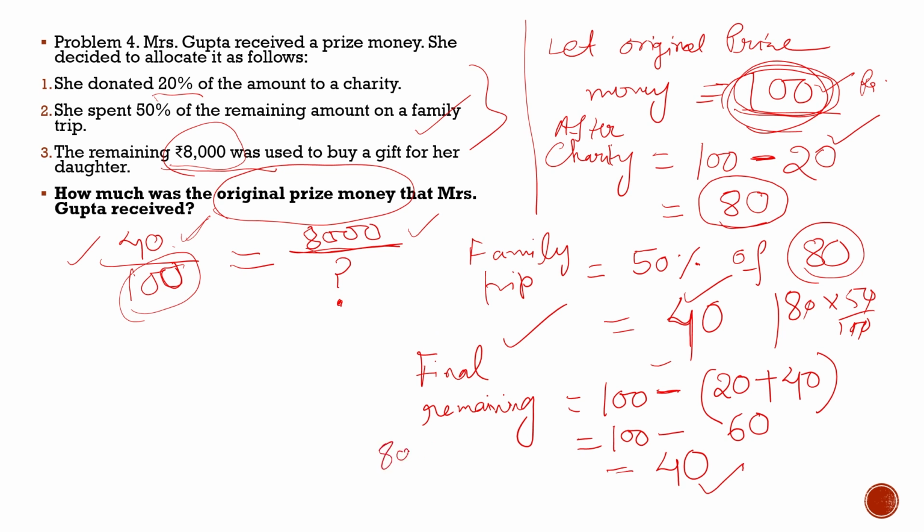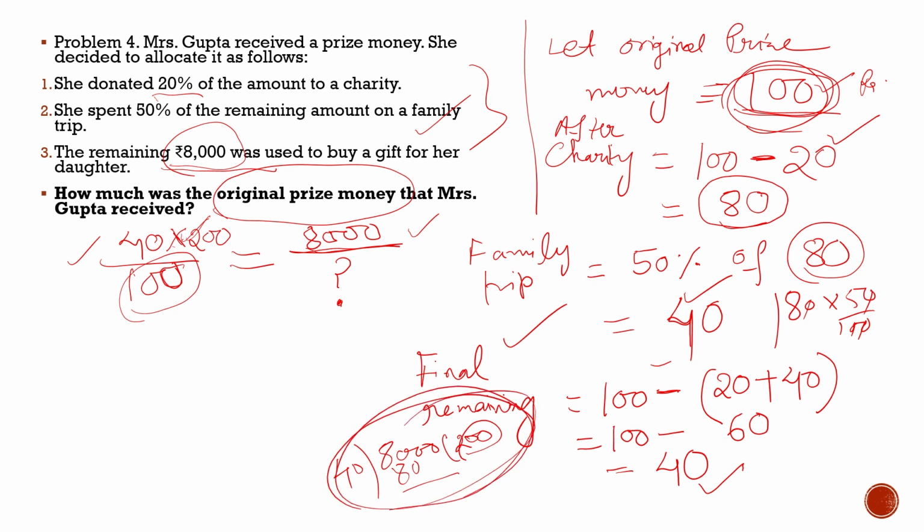For that we simply divide 8,000 by 40, which is 40 into 2 is 80, and zeros will be added here. So 200. If you multiply 40 by 200, you will get 8,000. That we have got from this division.